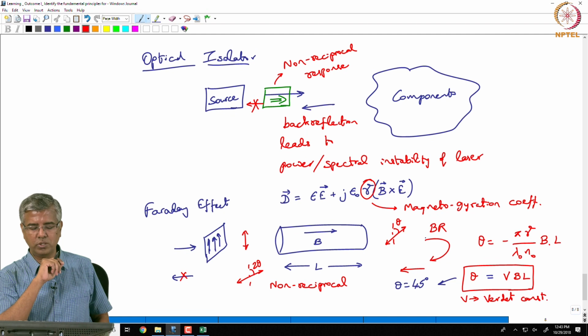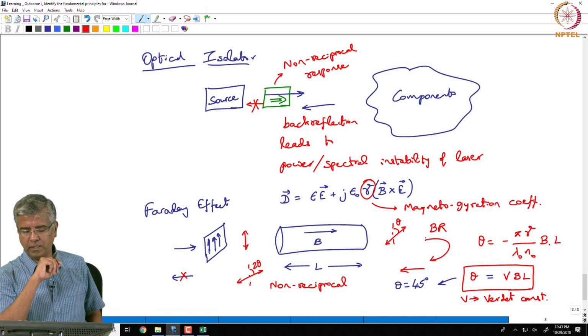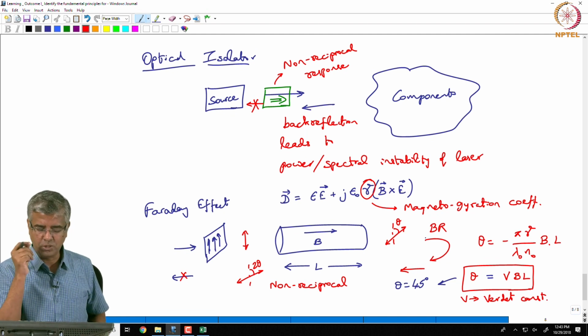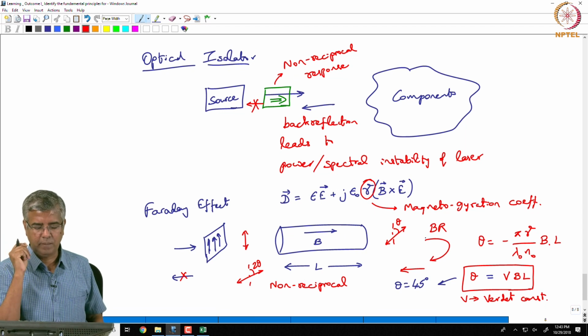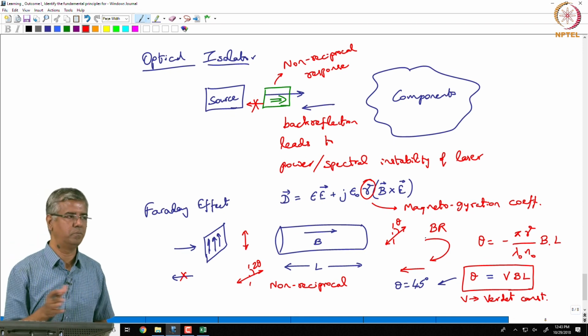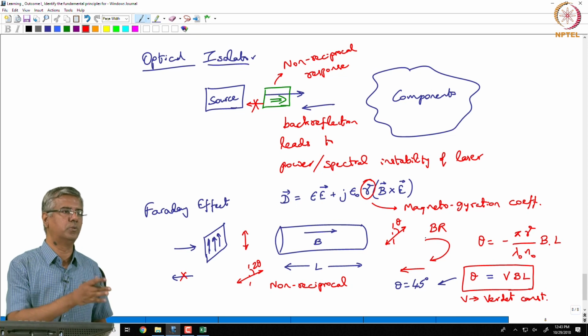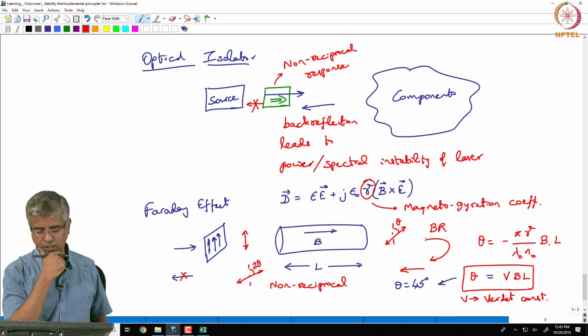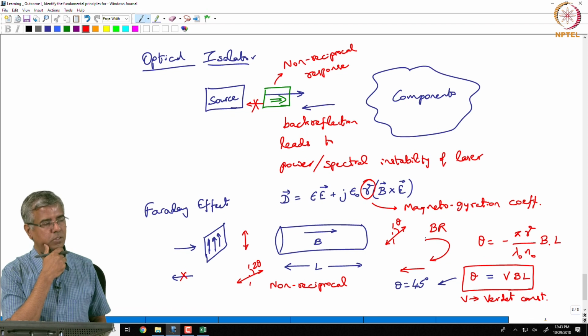That is good for most cases, but if you have a high power source, let us say a 100 watt source, 0.1% of it is still 100 milliwatts, right. So, 100 milliwatts may be a lot of power to handle at your original source.